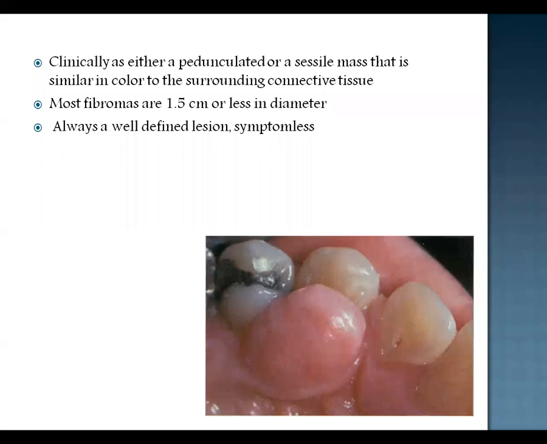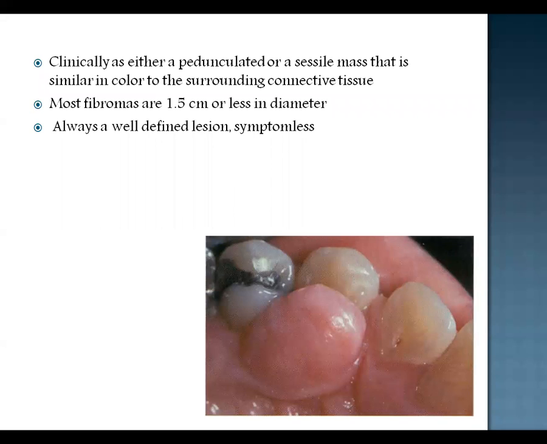Clinically, it appears as either a pedunculated or a sessile mass that is similar in color to the surrounding connective tissue. Most fibromas are 1.5 centimeter or less in diameter, always a well-defined lesion and symptomless. So this is the main description of the fibromas, which is a small swelling, measuring from 1 to 1.5 centimeter.